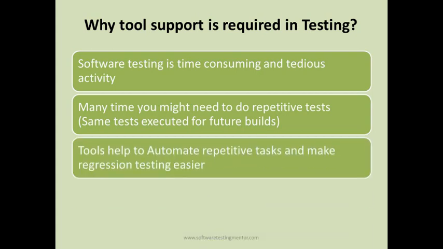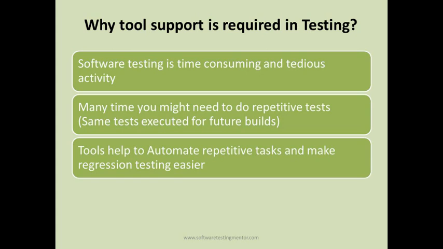Then tools help to automate repetitive tasks and make regression testing easier. Because repetitive testing or regression testing is required to be executed in each and every future build, the automation tools available in the market help you to automate these repetitive tasks so that you can execute those tests in future with the help of a tool, and you do not have to invest your time executing those tests manually.